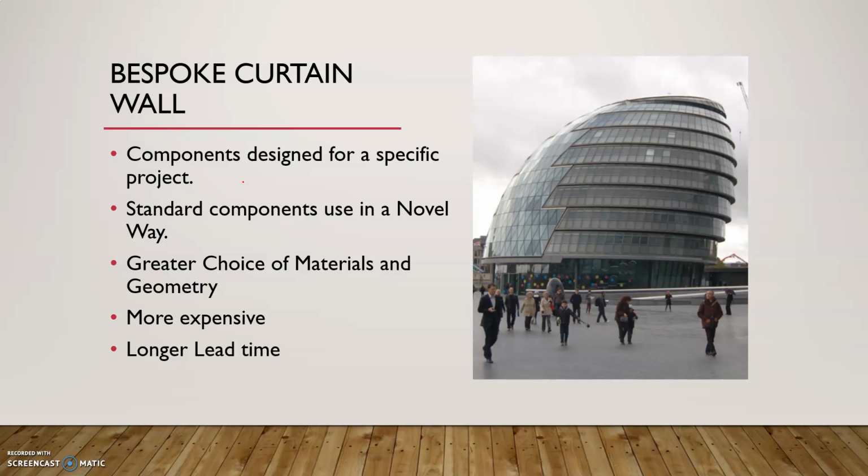Now, the characteristics of bespoke curtain walling are components designed for a specific project, or standard components used in a novel way, and with this curtain walling type you can have greater choice of materials and geometry. This is more expensive and obviously has a longer lead time because you have to design from scratch.